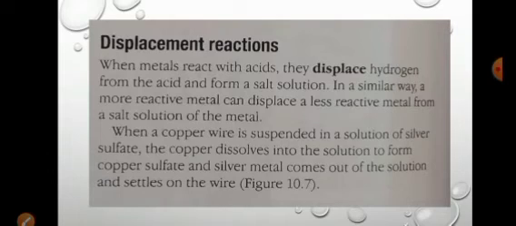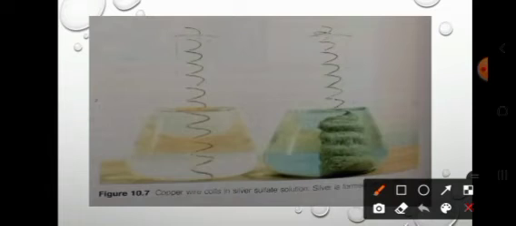When copper wire is suspended in a solution of silver sulfate, the copper dissolves into the solution to form copper sulfate, and silver metal comes out of the solution and settles on the wire. Figure 10.7. As you can see in the figure, when we have a solution of silver sulfate and we place a copper wire into it, copper is more reactive than silver, so it will displace the silver.